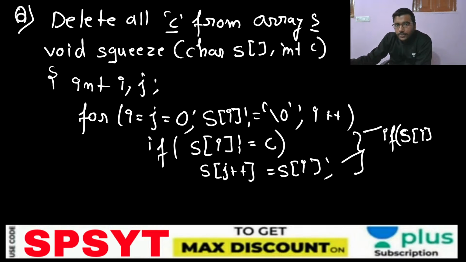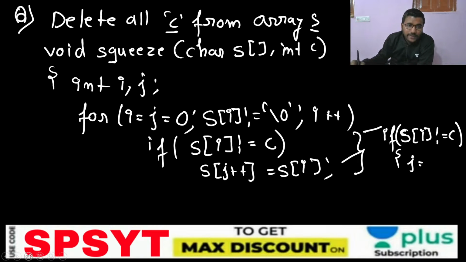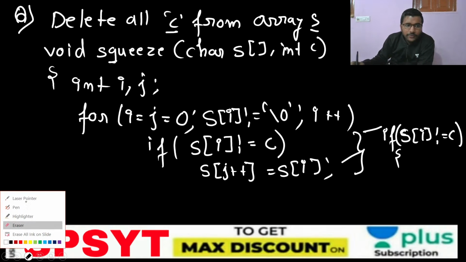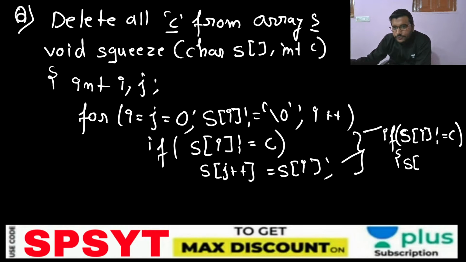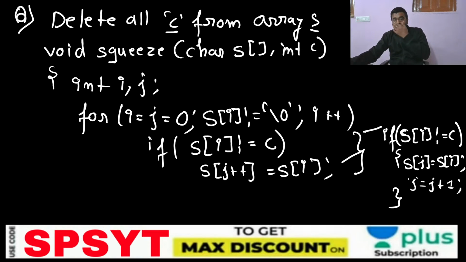If s[i] is not equal to c, first j will be as it is. Since it is post increment, first the assignment will happen, s[j] gets the value, then i will get incremented, then j will get incremented, j equal to j plus 1. Understood? This is the meaning.